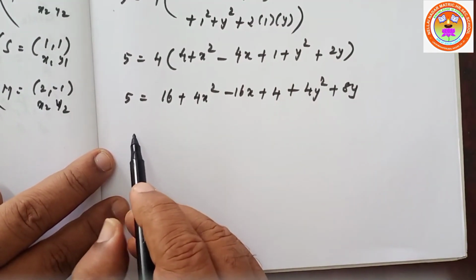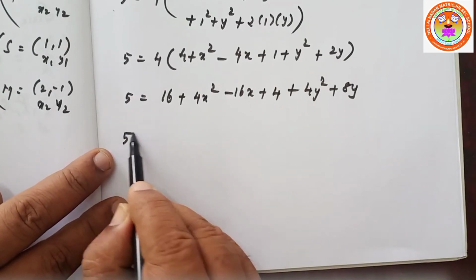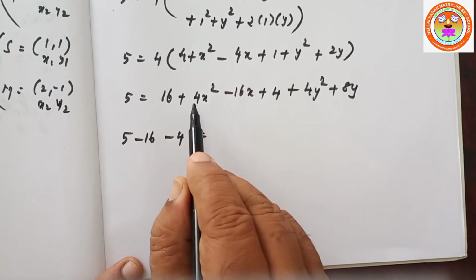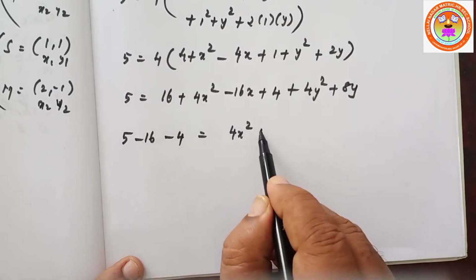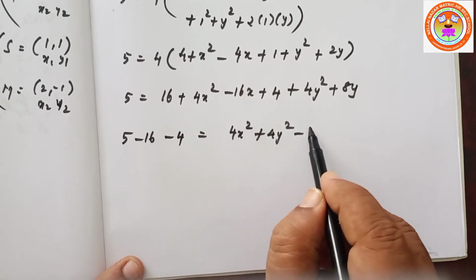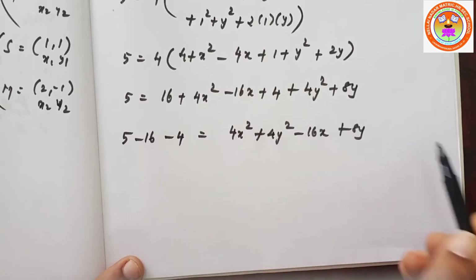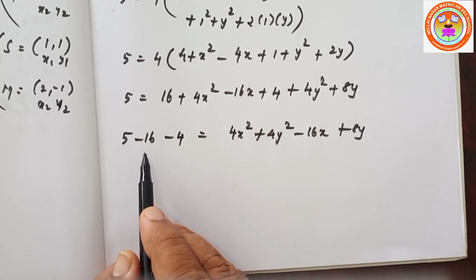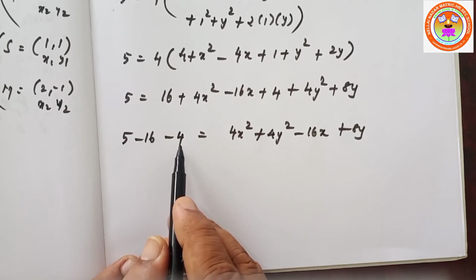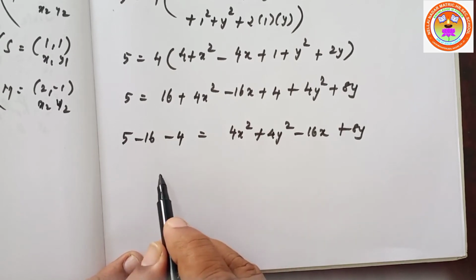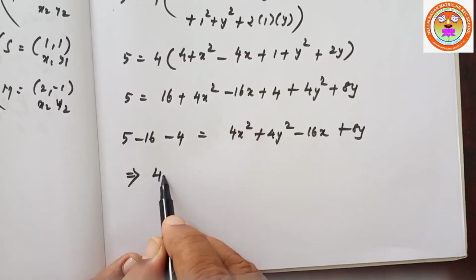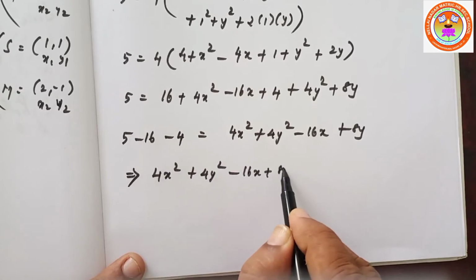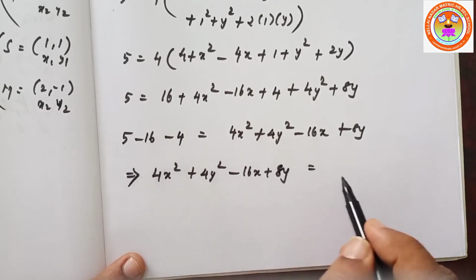Which implies, keep all the constants on the left hand side: 5 plus 16 comes to the left hand side, minus 16, plus 4 comes to the left hand side, minus 4, equal to 4x squared plus 4y squared minus 16x plus 8y. 5 minus 16 is minus 11, minus 11 minus 4 is minus 15. So 4x squared plus 4y squared minus 16x plus 8y equals minus 15.